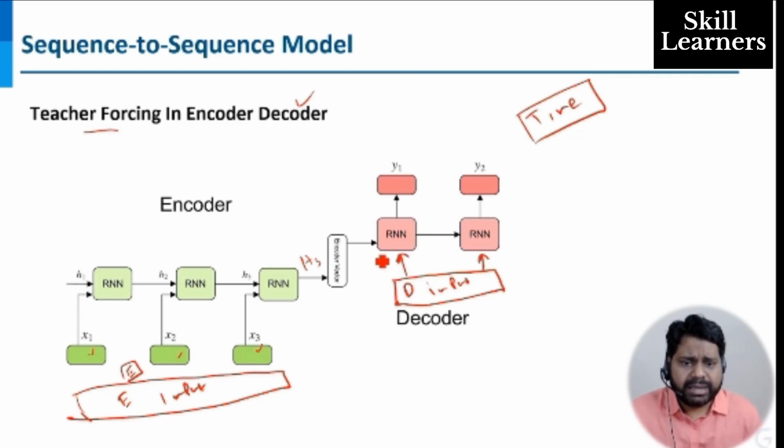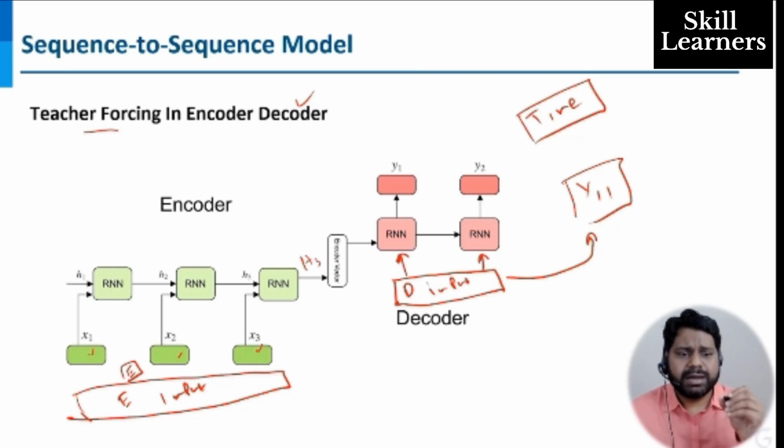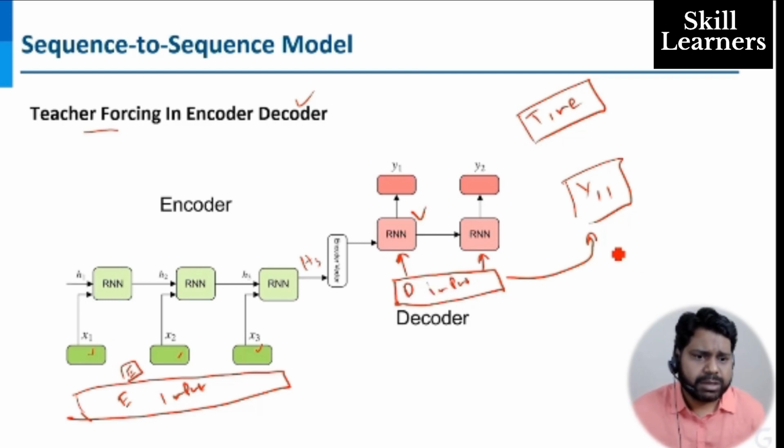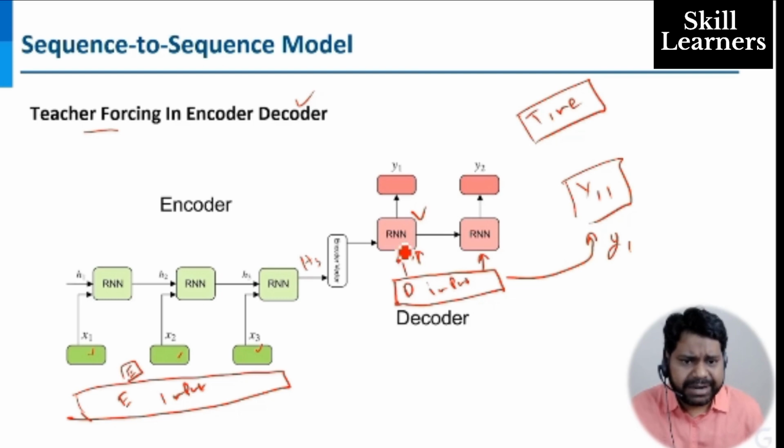The moment it predicts, let's suppose it predicts y11, it checks with this decoder input whether the output it is generating is correct or not. Our correct output is y1, so the model will penalize itself. The optimization technique will start working and update the weights of the RNN model, and it will refit itself so that it can generate y1.